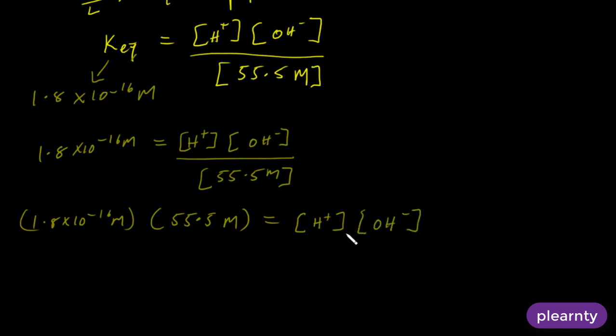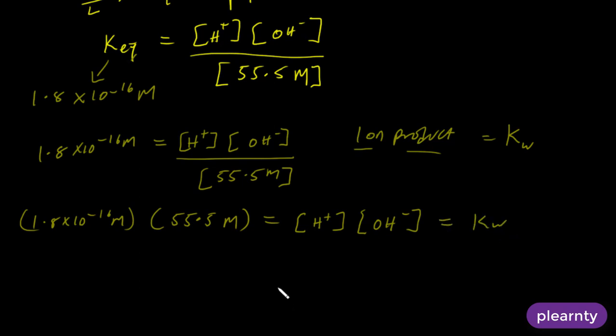So when we multiply these two together, we call it ion product. And this makes a lot of sense because this is an ion, this is also an ion, and we multiply both, which is product. So that is ion product, and it is denoted by Kw in the case of water.